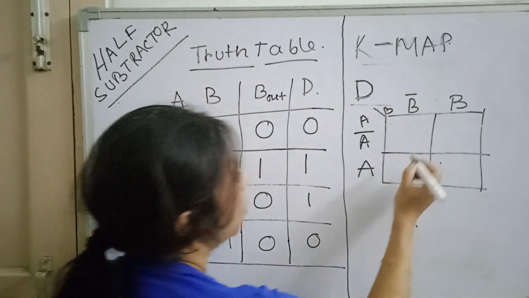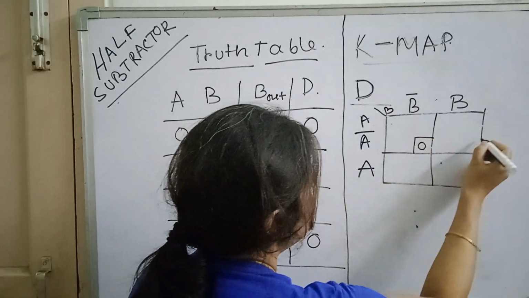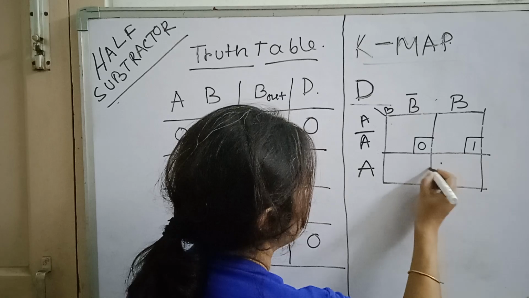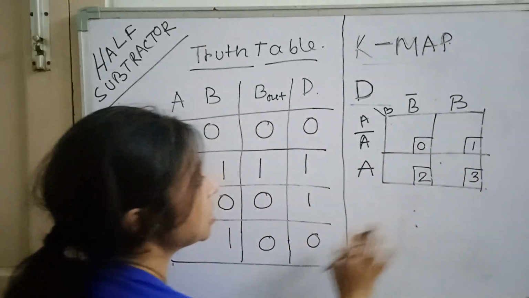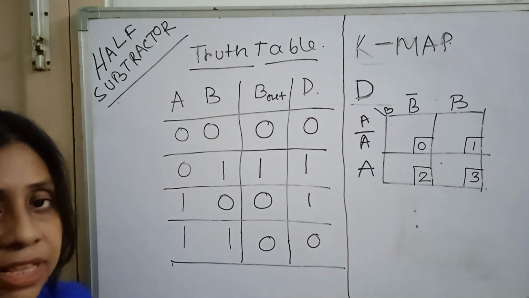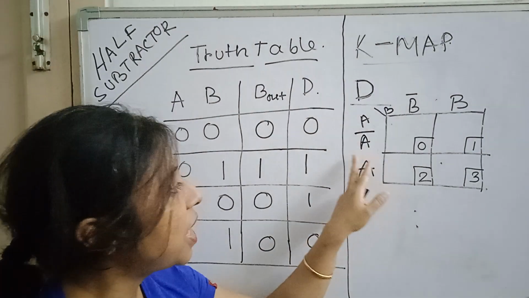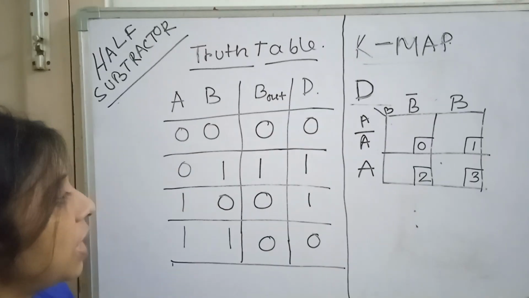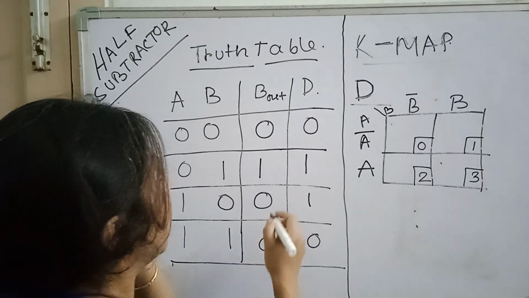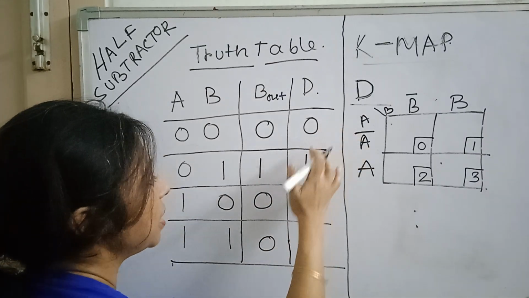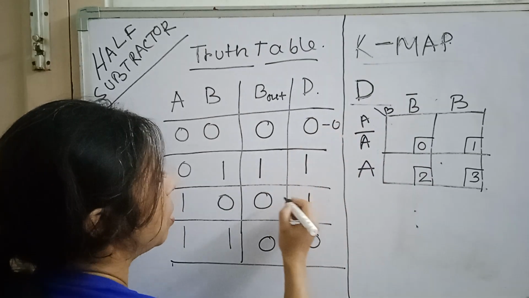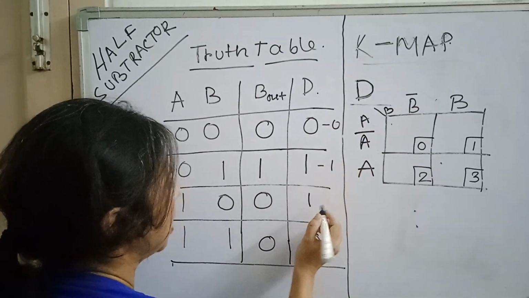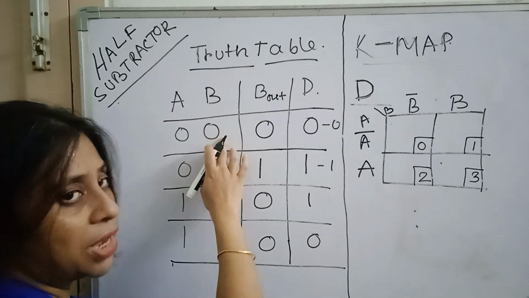Now what will be the boxes? 0, 1, 2, 3. The box numbers are oriented like this because we have put the MSB in rows. Now see, how to put the difference? This is for the 0th box, this is for box number 1, because this is the 0-0 combination.